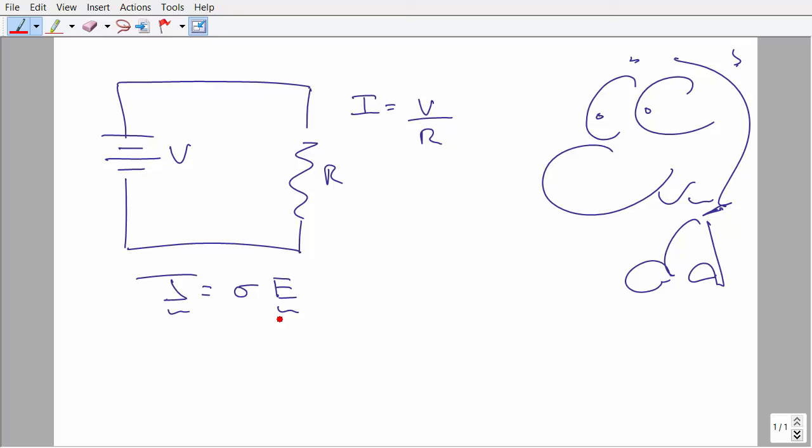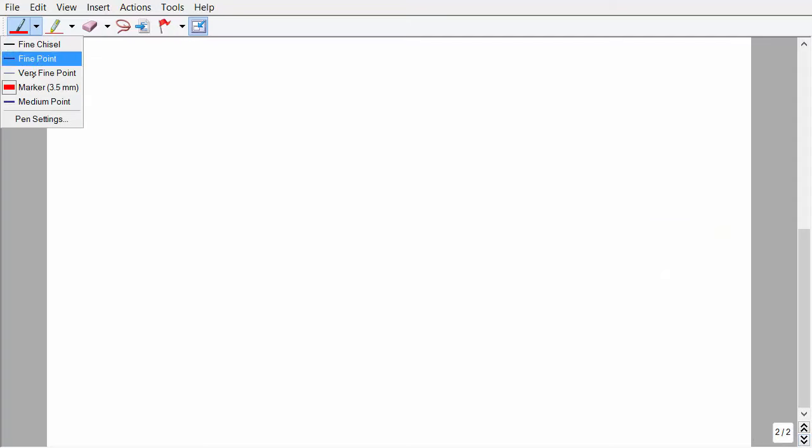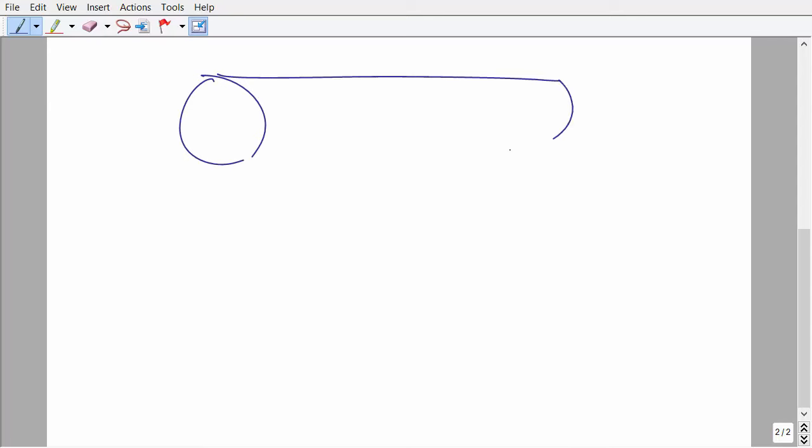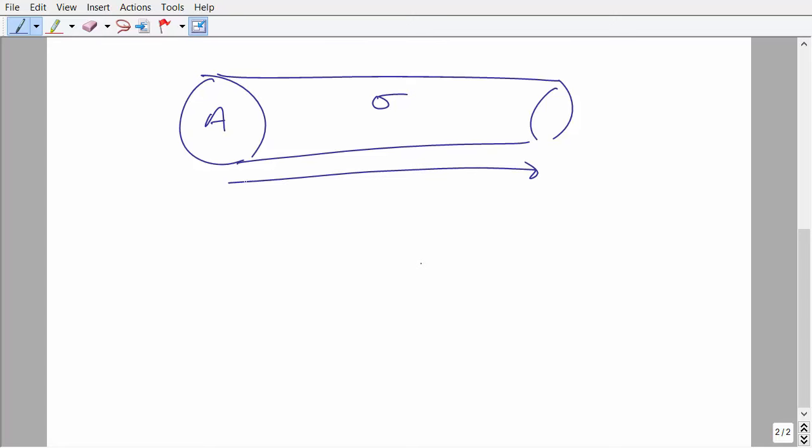Right, so what I'd like to do is just establish the relationship between this form of Ohm's law and that form of Ohm's law, so that you understand that the two are indeed the same. Imagine we had a material, I'm going to draw it in the following way, that had conductivity sigma. I'm going to give this face area A, I'm going to give this length L, and we're going to have an electric field which is constant.